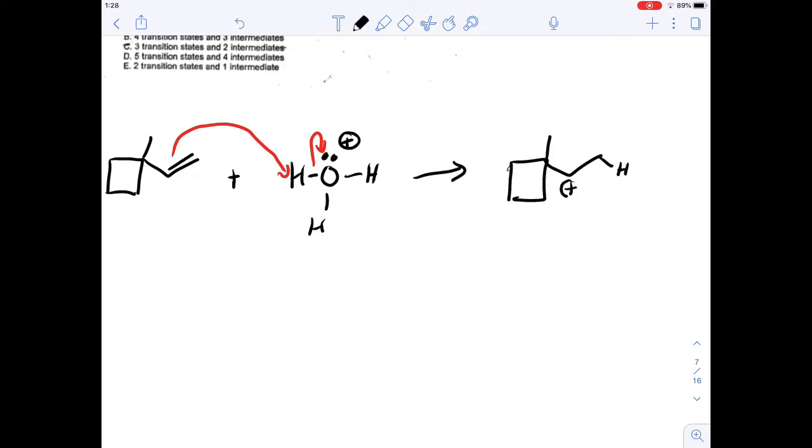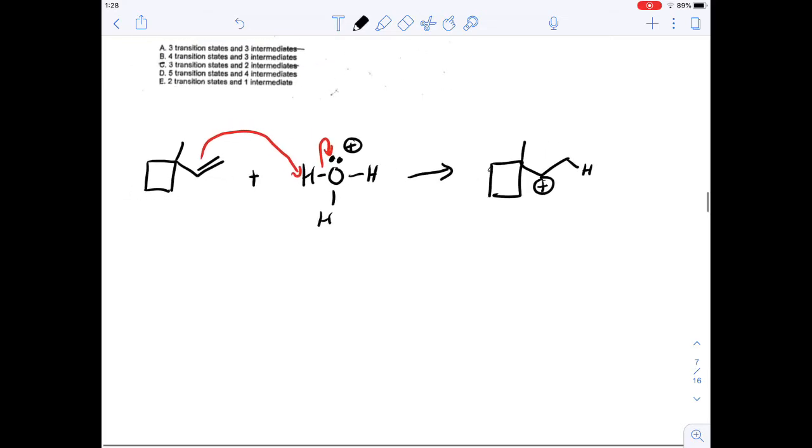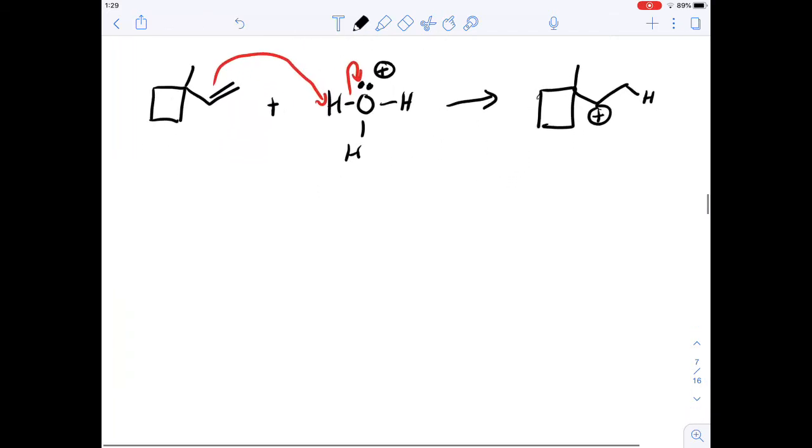So your H will be here, and your carbocation will be here. And I'm sure now you guys recognize that there is going to be a shift of some sort. In this case, it's actually going to be a ring expansion. So in the next step, you're going to draw your ring expansion.